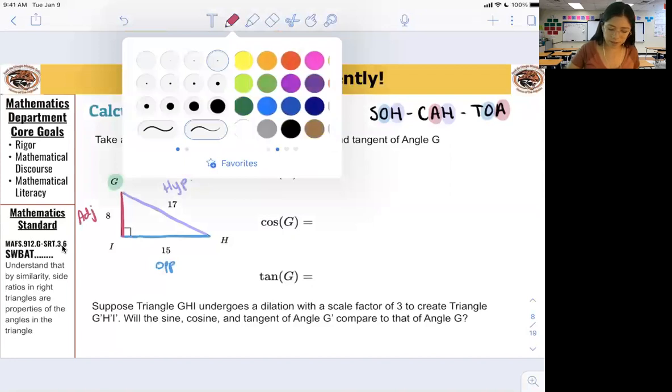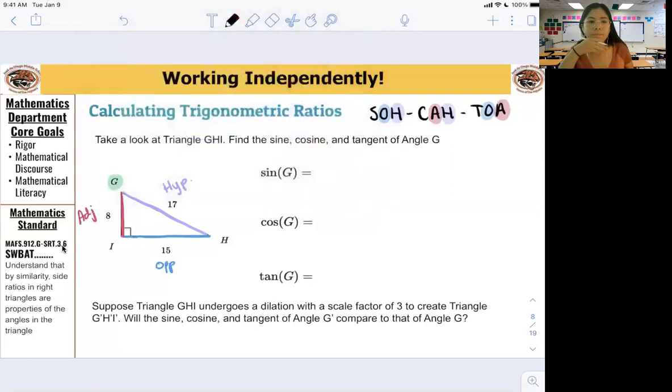Sine of G, what's that one going to be? 15 over 17. Good. This is opposite over adjacent. Or sorry, opposite over hypotenuse, my bad. So this is going to be 15 over 17.